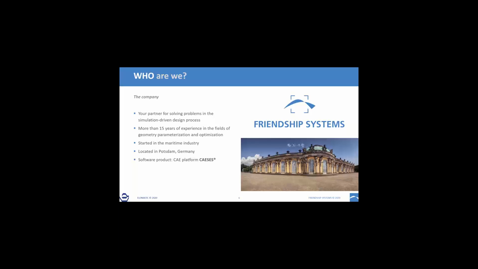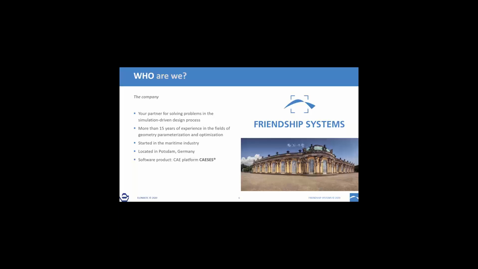We have more than 15 years of experience in the fields of geometry parametrization and optimization of these geometries. We are active in several sectors at the moment, but we started in the maritime industry, and a large part of our business is still there, and that's where we're rooted. The company is located in Potsdam in Germany, unfortunately not in the nice palace that you see here in the picture, but that's also in Potsdam.